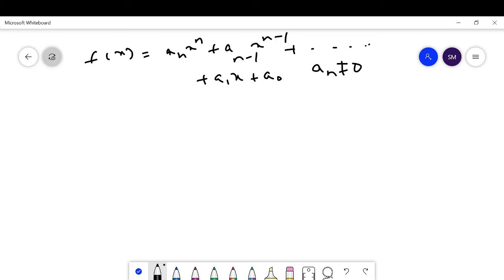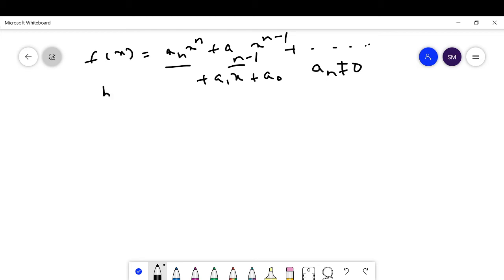Here, f(x) is an x to the power n plus an minus 1 x to the power n minus 1 up to a1 x plus a0, a polynomial with integer coefficients an minus 1, an minus 2, up to a1, a0.